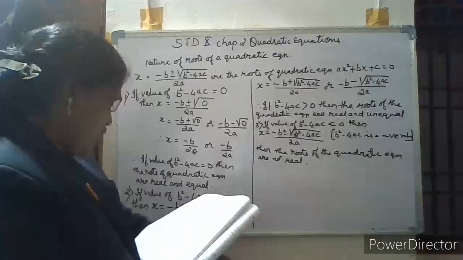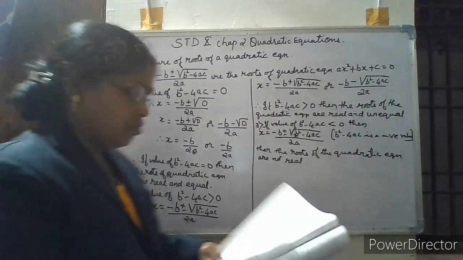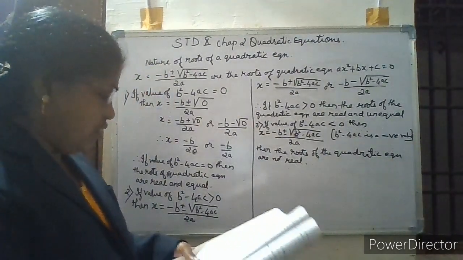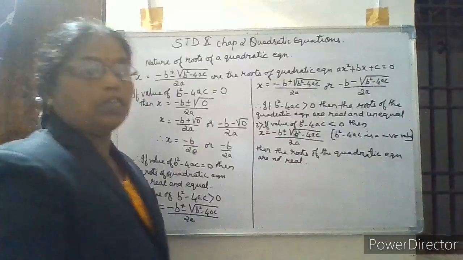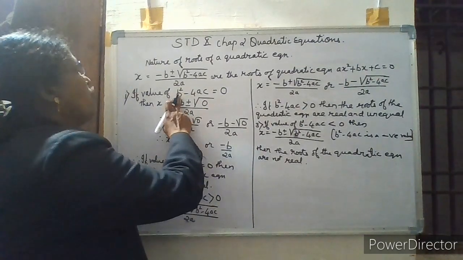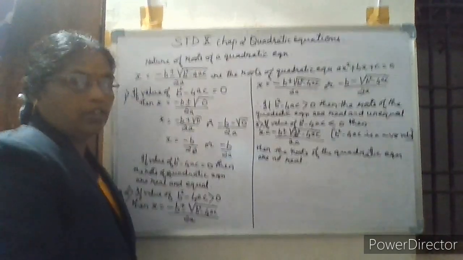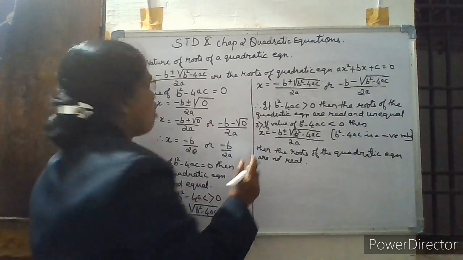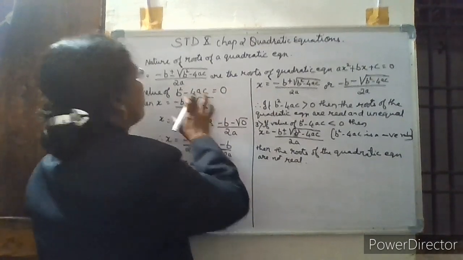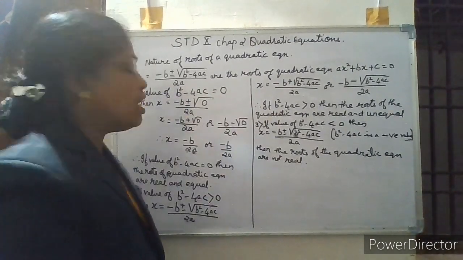So always the nature of the roots of the quadratic equation depends on the value of b squared minus 4ac. This value of b squared minus 4ac is called the discriminant.